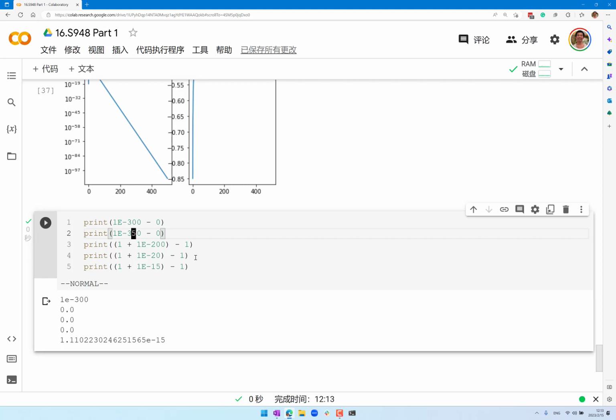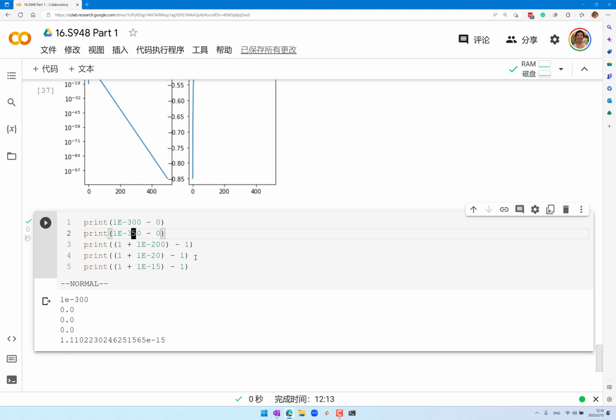Somewhere between 10 to the minus 320 and 350, the floating point stops working. So basically the round-off error is vastly different if you are perturbing from a 0 point versus perturbing from something finite.